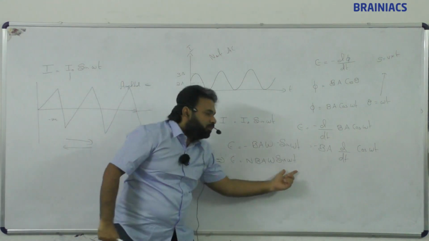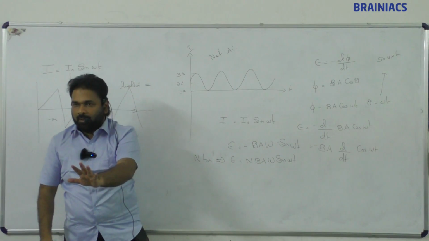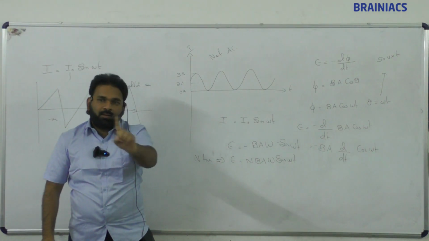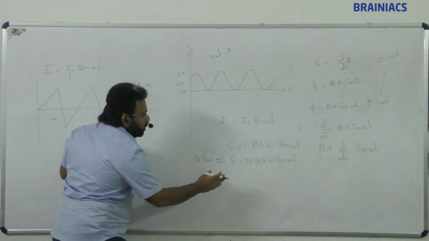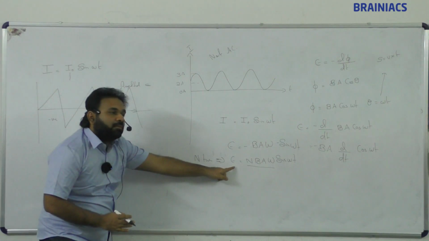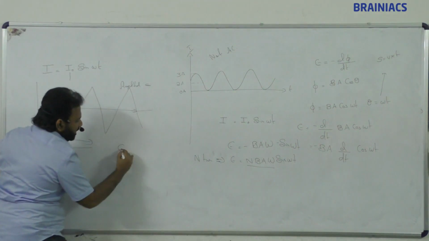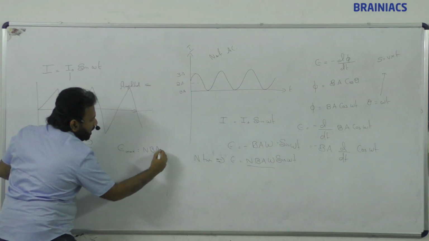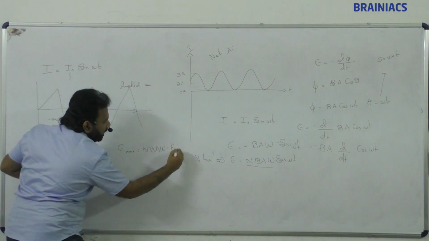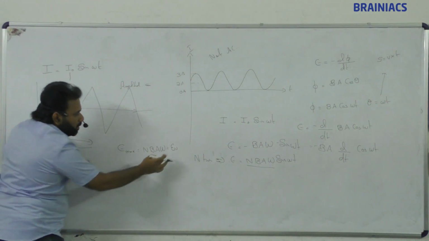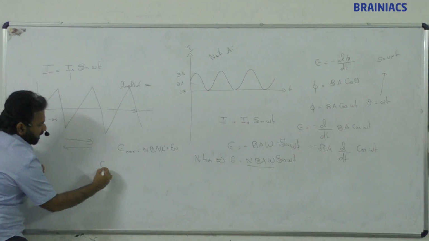So here the maximum value of sin theta is 1. So this is nothing but the maximum value of EMF. We can say E naught, or EM, or E peak.